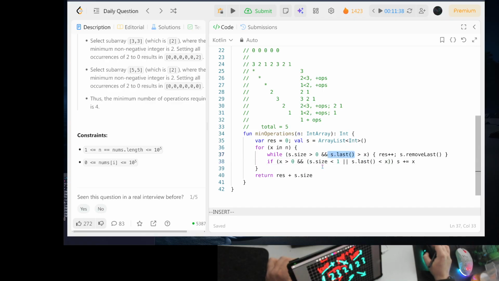So it's an increasing stack. Every number in this stack would be in increasing order, like 1, 2, 3 we keep, and if we meet a number that is less, we pull the last number 3 and keep the number 2.